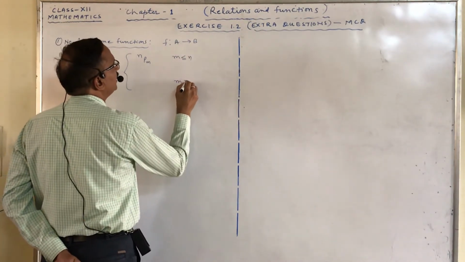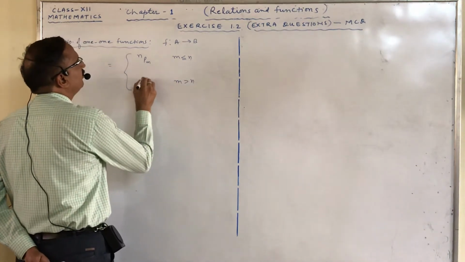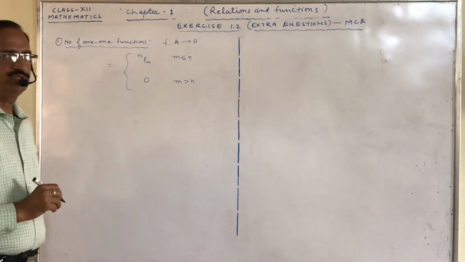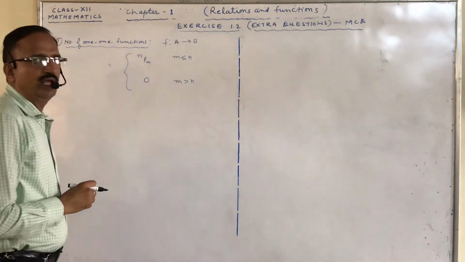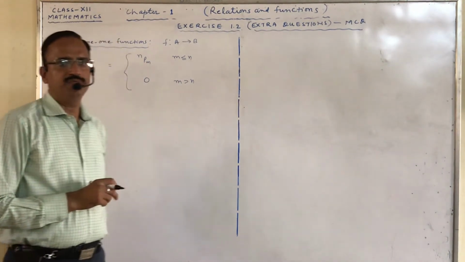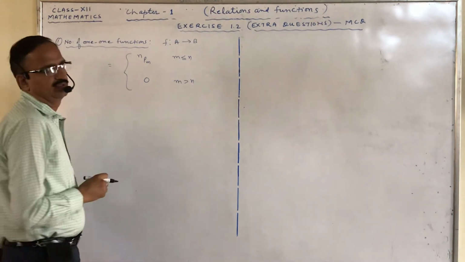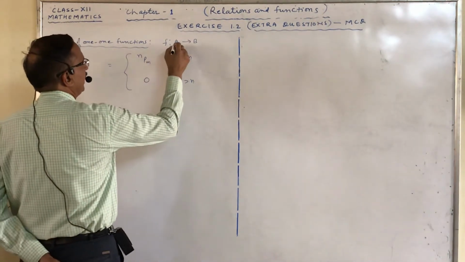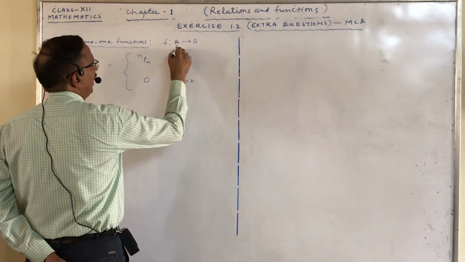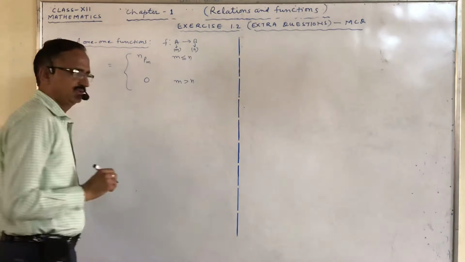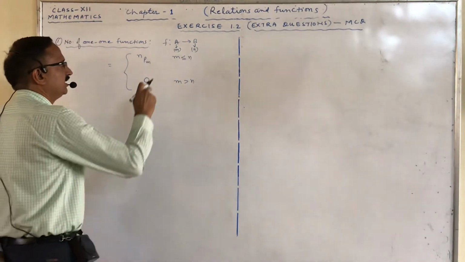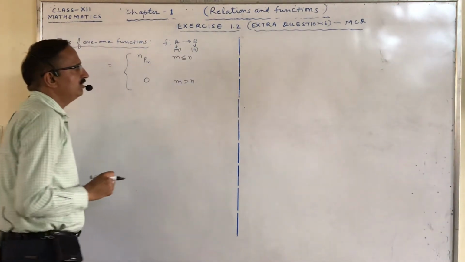When m is greater than n, the number of one-one functions is 0. Here m and n are the number of elements of sets A and B. Suppose set A has m elements and set B has n elements. It means m is less than or equal to n.